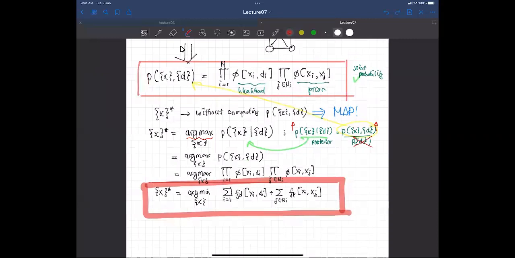Okay, so far here, any questions, anyone? Yes. The minus log phi. Yes, minus log phi. Any other questions?